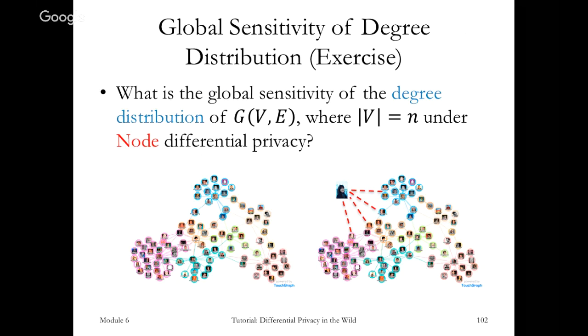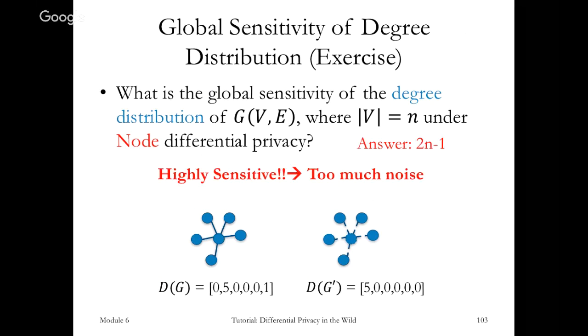In addition to the node that is removed, in total the degree distribution is going to be affected by at most 2n-1. This way, if we add noise proportional to the sensitivity, too much noise is going to be injected into the query answer. So what is the right way to do this?